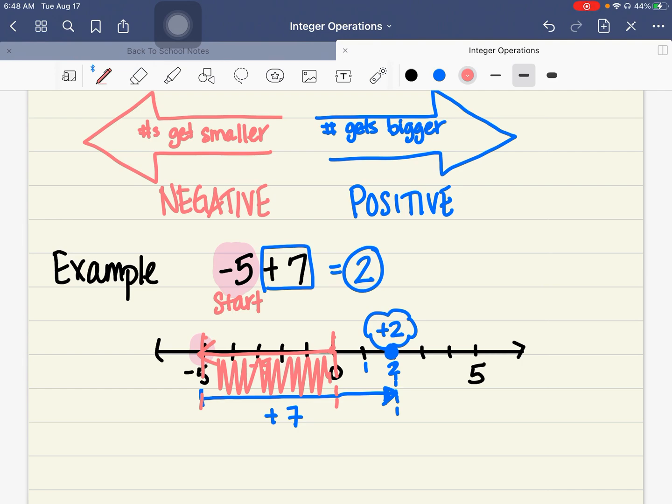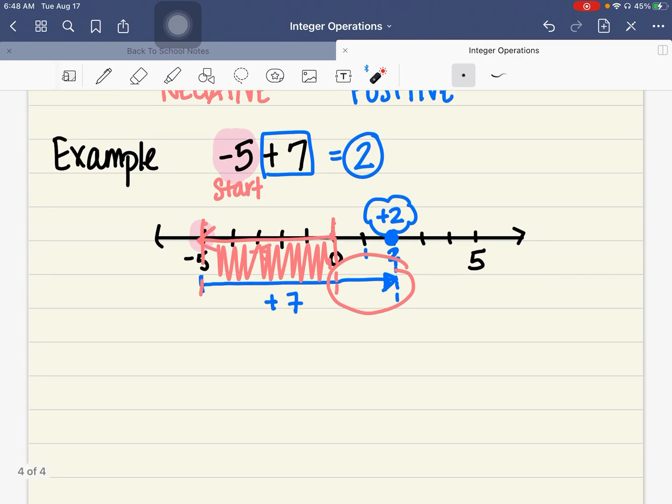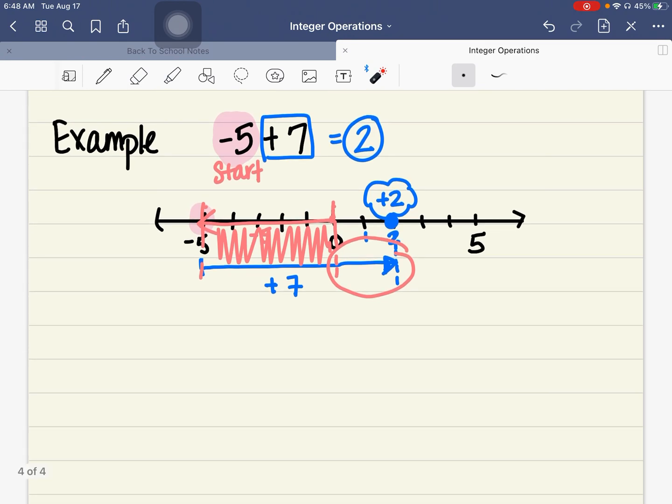And we're really only left with this part right here, which is the +2. So whenever you have two different signs, one negative and one positive, it means your arrows had to go in one direction and then in another direction, and parts of it overlap and cancel each other out. And that's why we have some subtraction. So that's what we would do if they're different signs.